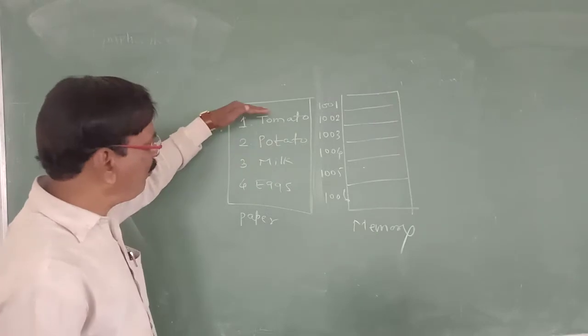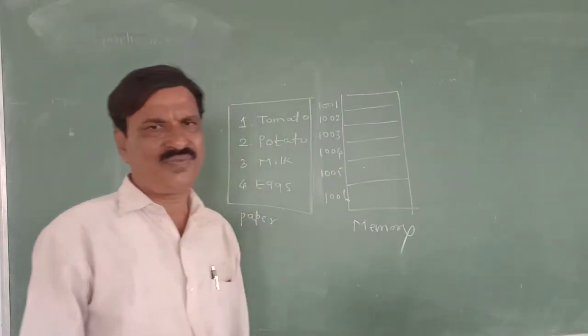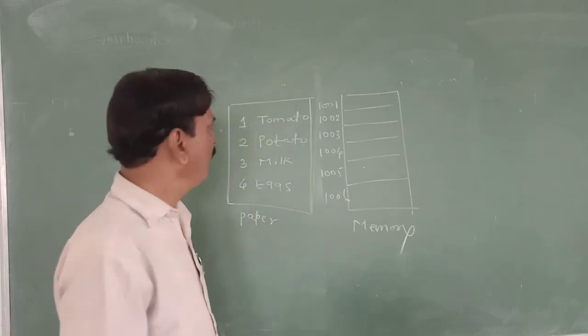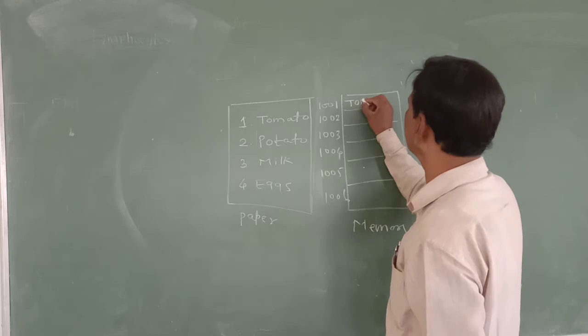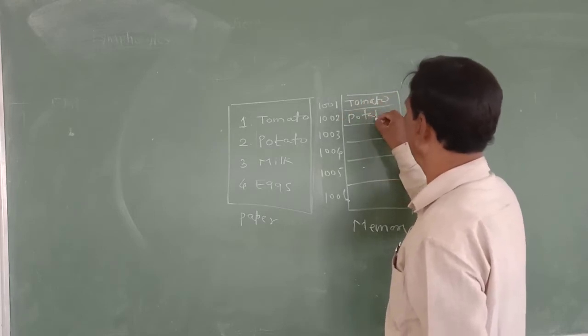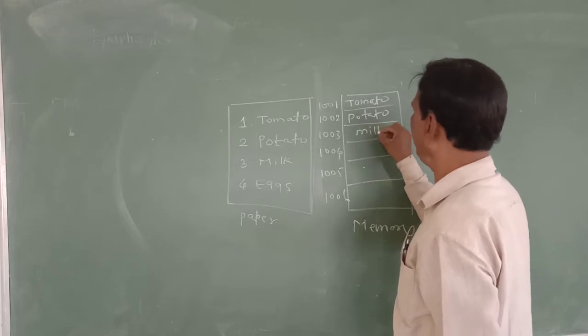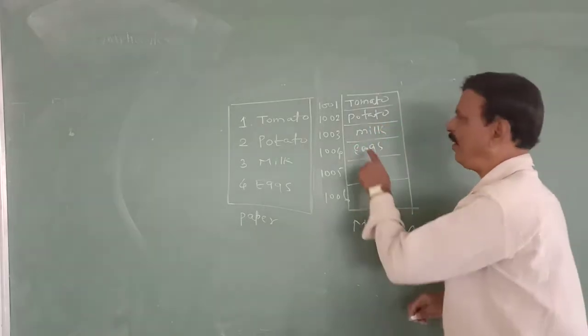On plain paper we have created a list of 4 items. If we store all these items in contiguous memory locations, what will happen?